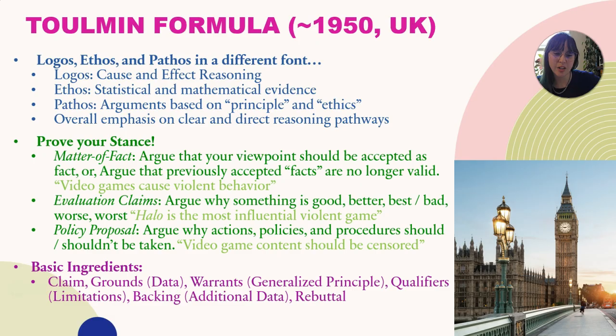The ingredients include a claim, what is called grounds or data, warrants or generalized principles, qualifiers, limitations, backing or additional data, and rebuttal. And maybe this is the part that just rubs me the wrong way, is the language that is used to outline the argument structure.